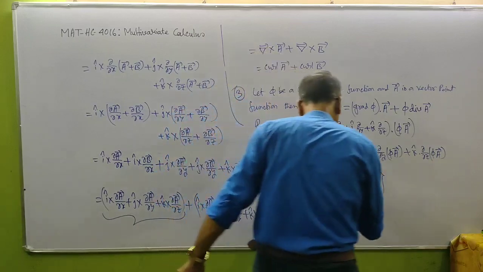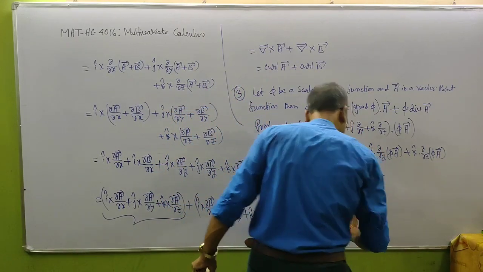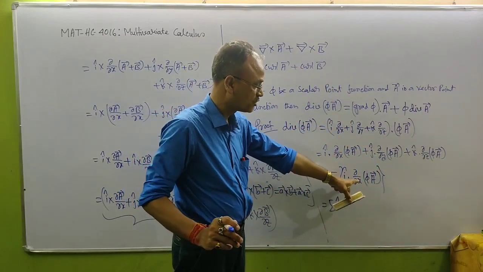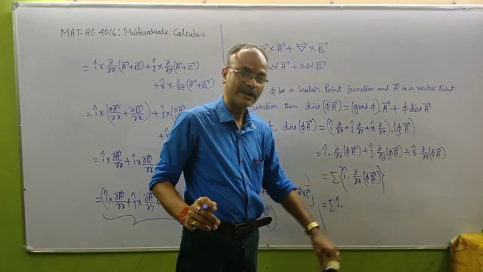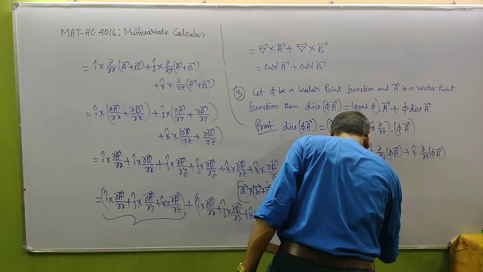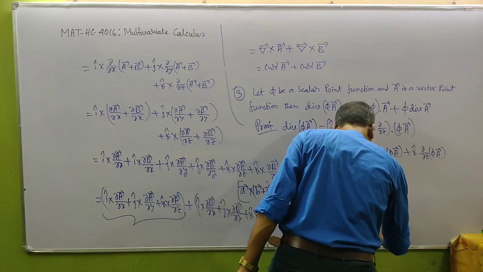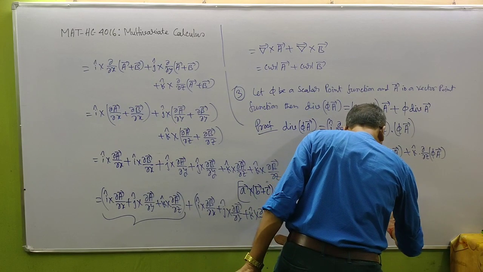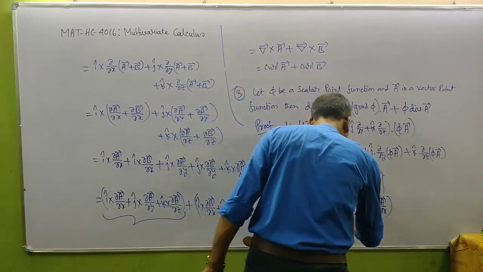Now, this is equal to summation i cap dot the differentiation of the product of a scalar quantity and a vector quantity. You see this: ∂phi/∂x A vector plus phi ∂A/∂x. You will get this one.